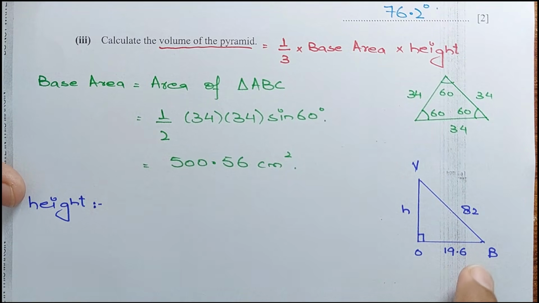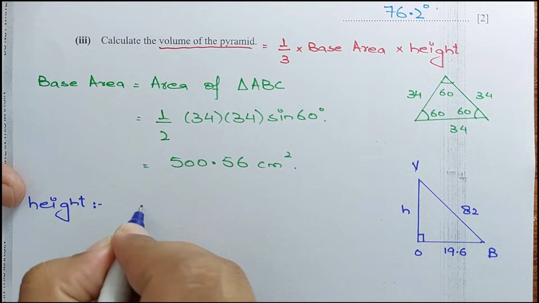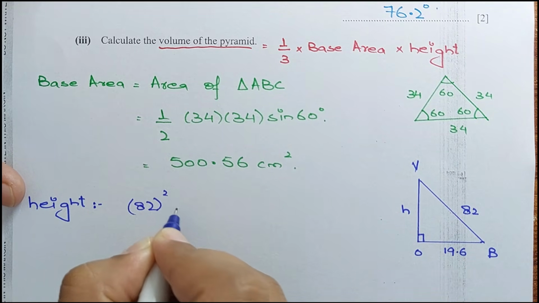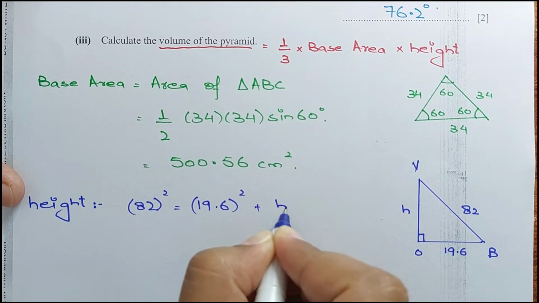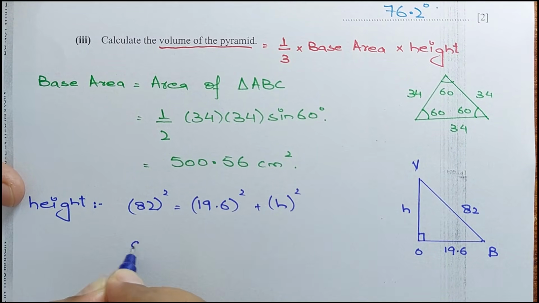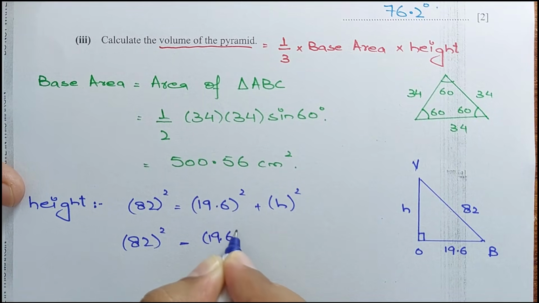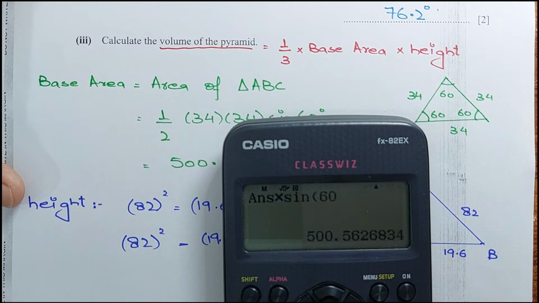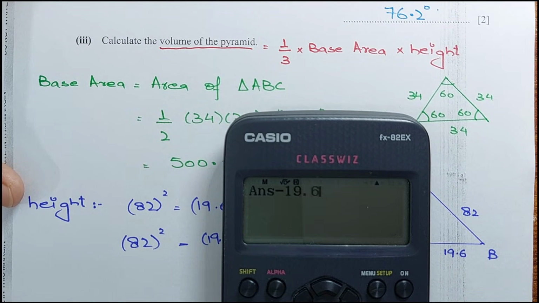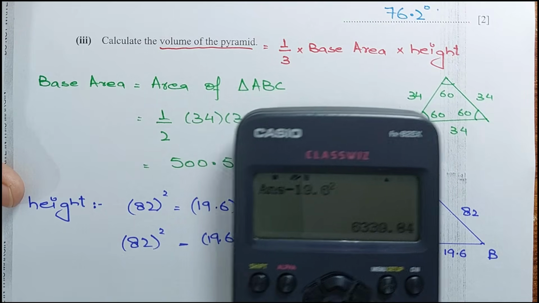To get the height, apply the Pythagoras theorem on a right angle triangle. Hypotenuse squared equals the sum of squares of the other two legs of the triangle, right? Now 82 squared, subtract 19.6 squared, equals the height squared. Okay, so 82 squared minus 19.6 squared is this much.